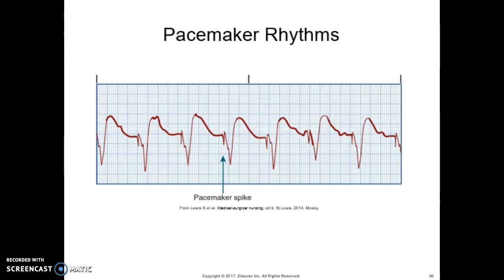Isn't that cool that we can do that without the patient even coming in? But they do this on a regular basis in order to check and make sure that the pacemaker is still working correctly. Pacemakers cause wide variations in the appearance on an ECG. So here it's showing a variation called the pacemaker spike.